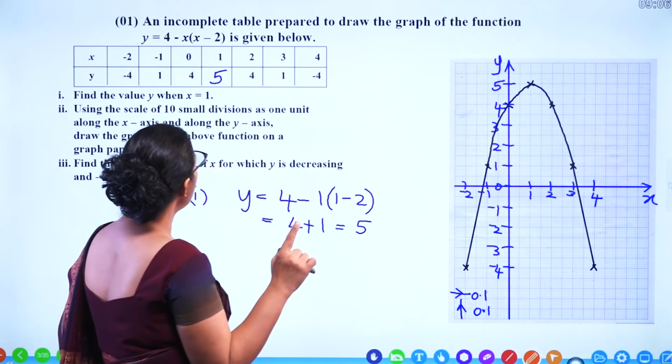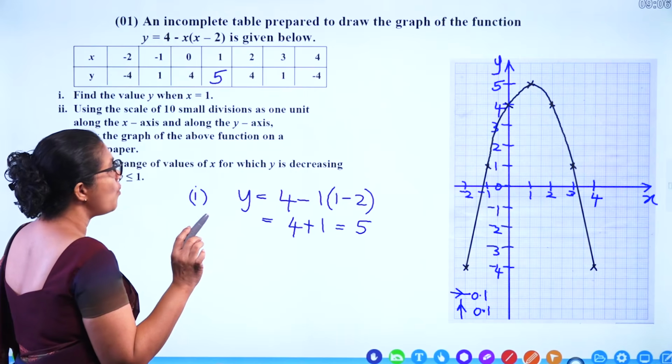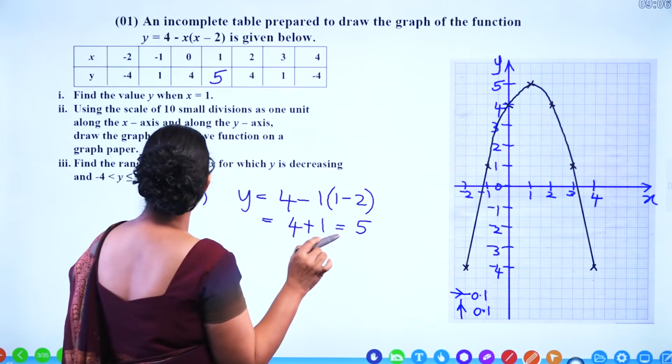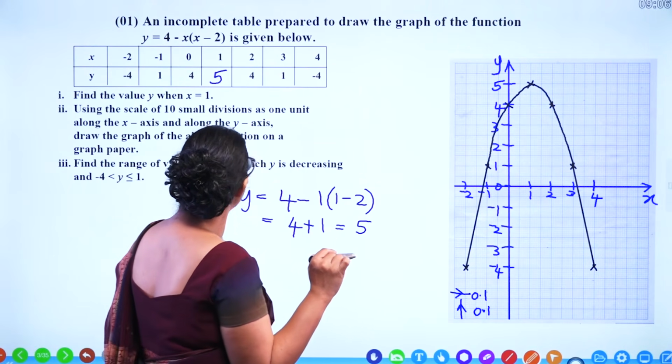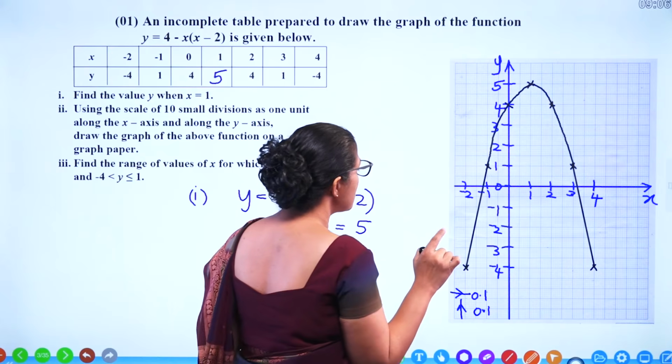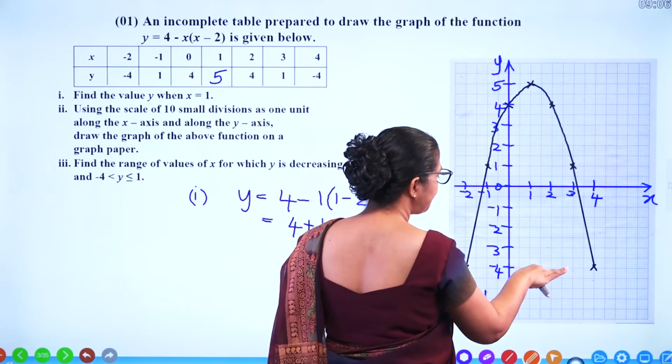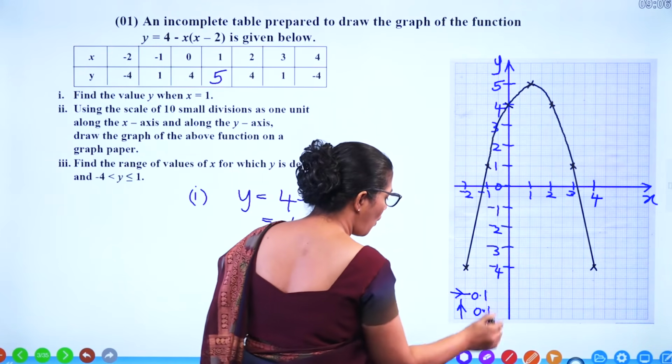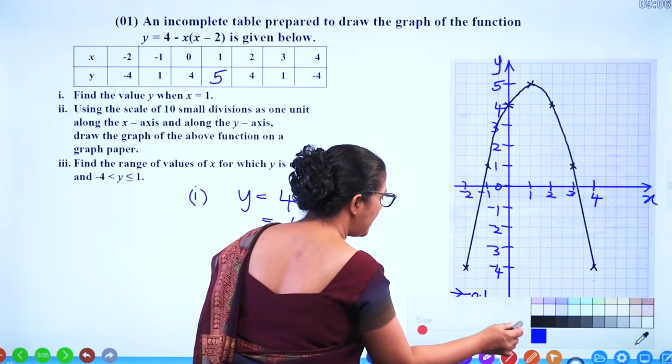Find the range of values of x for which y is decreasing. Between minus 4 and 1. Minus 4 is this line.